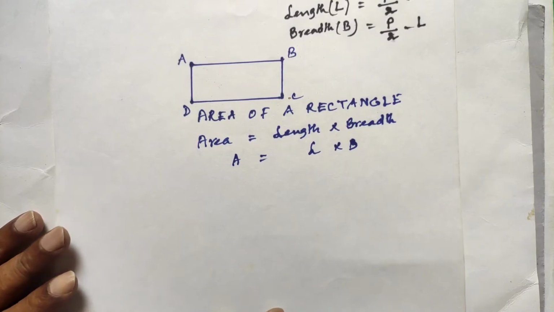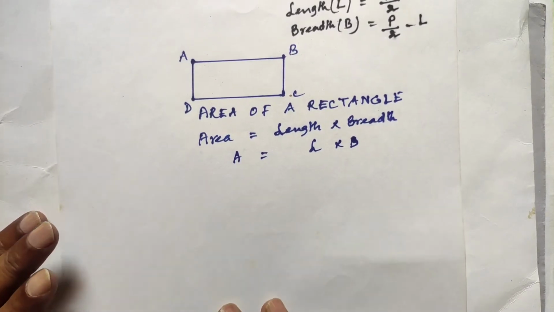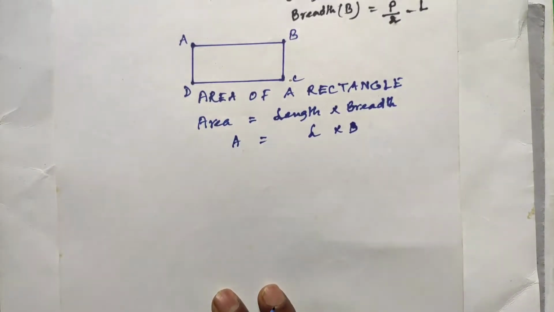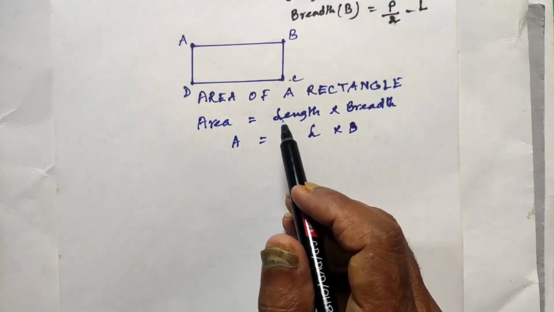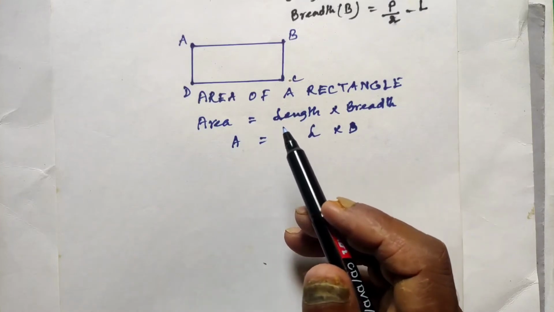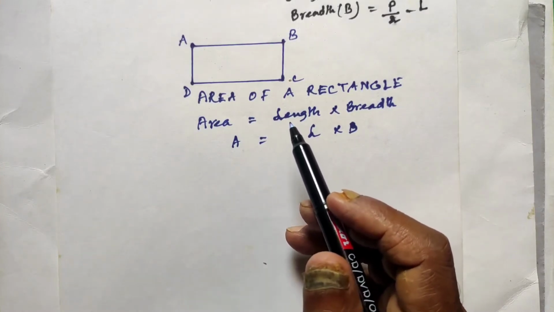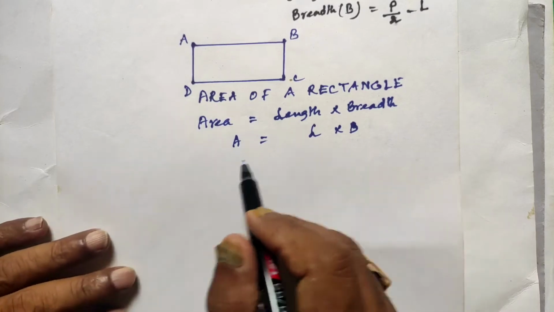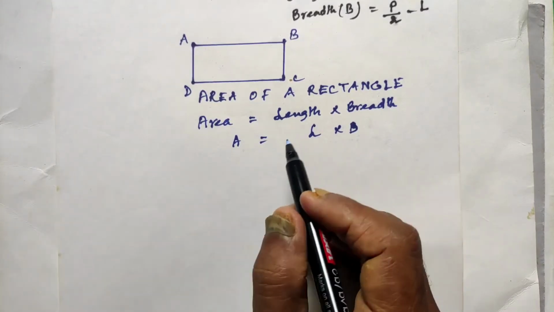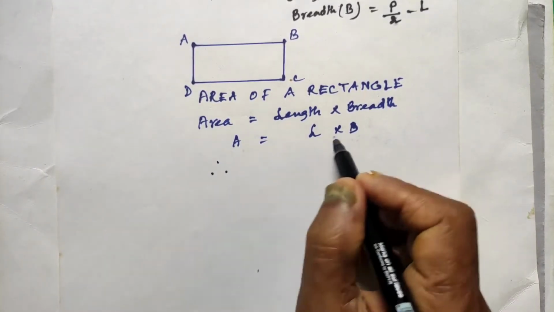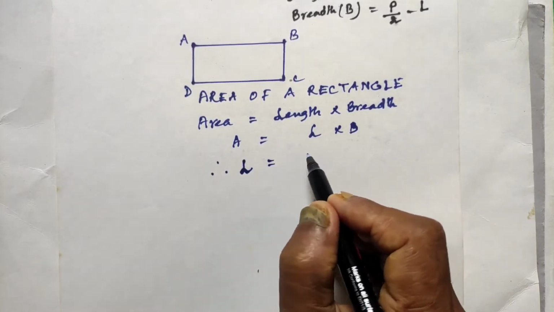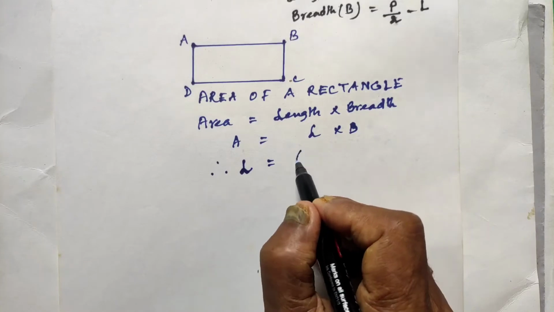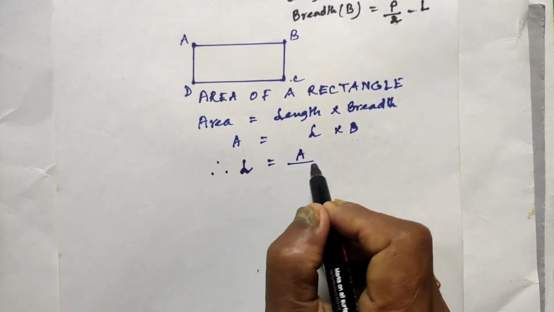Again, when from the area we want to find the length and the breadth of the rectangle, here is a beautiful formula. From this particular formula we can easily say length equals area by breadth.